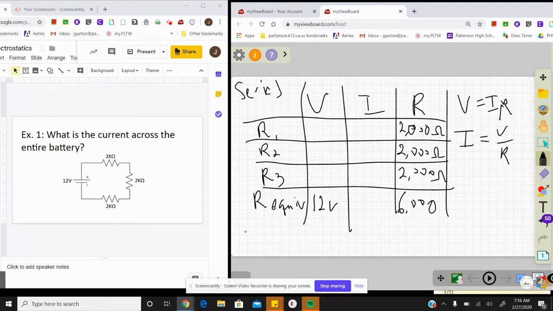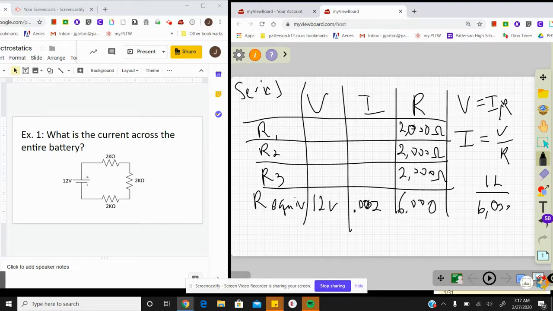So when I do that, I will have my 12 volts over 6,000. So the current should come out to about 0.002 amps.